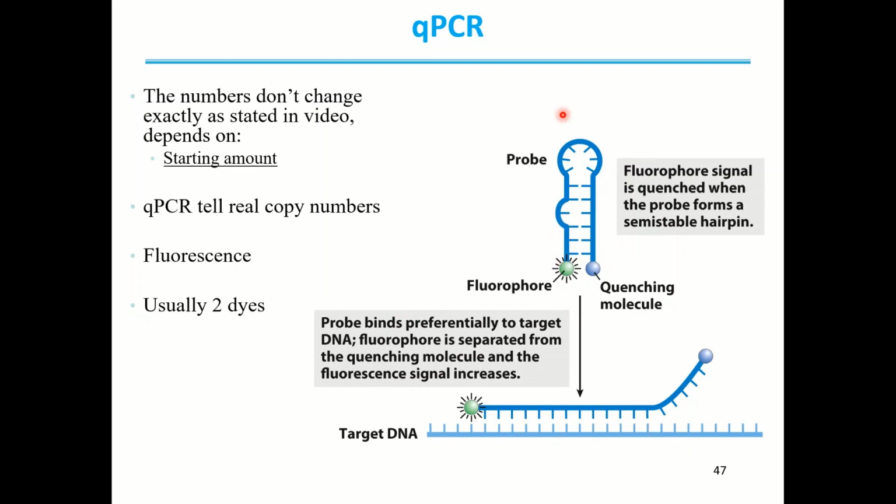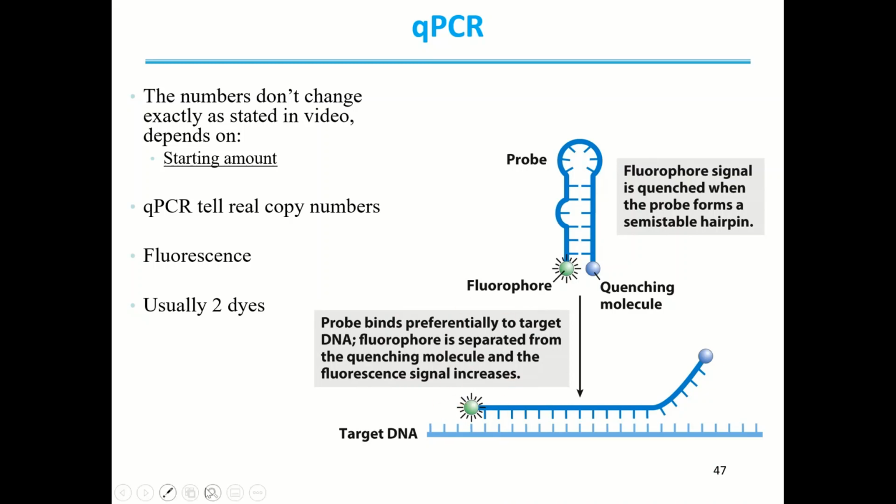When the probe is by itself without that target, the fluorophore in that probe is being quenched by a quenching molecule. When the target's present, your probe is complementary to it, so they can bind together. That moves the quenching molecule further away from the fluorophore, so now you get fluorescence from that fluorophore, so that's where your signal grows in.